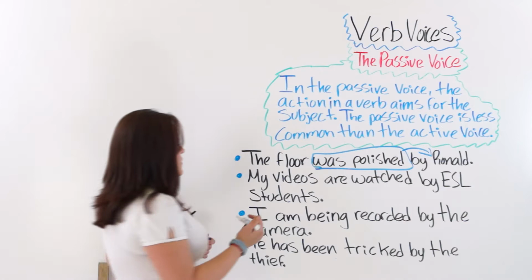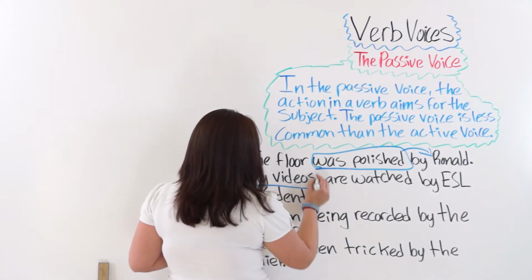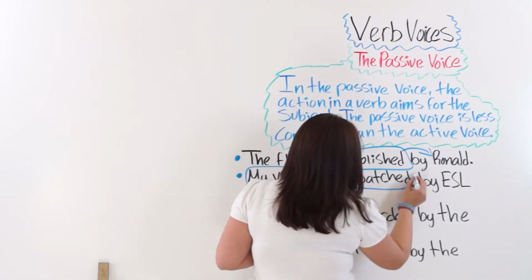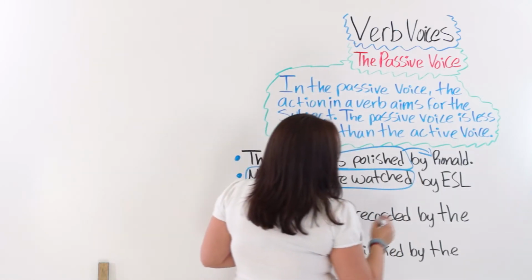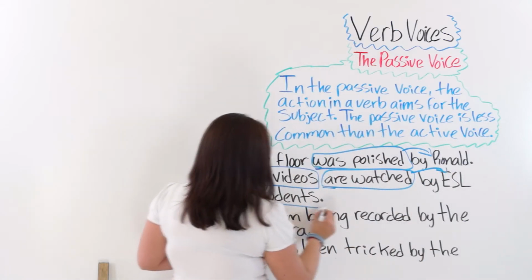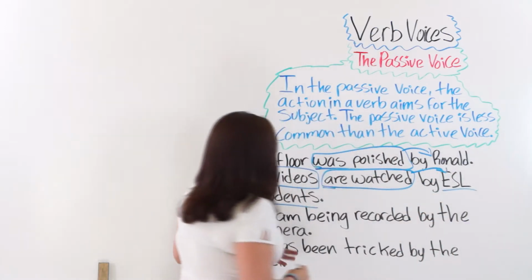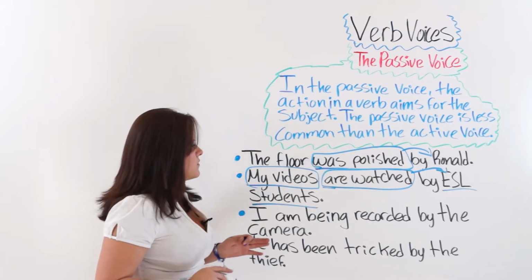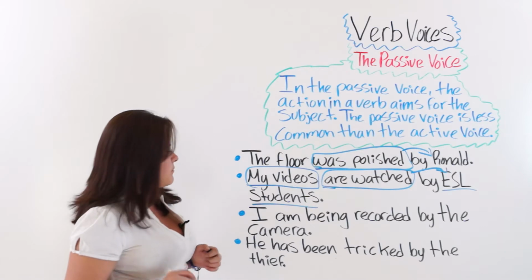My videos are the object in the sentence. Are watched is our verb phrase here. And it is affecting our subject, ESL students. My videos are watched by ESL students. I am being recorded by the camera.